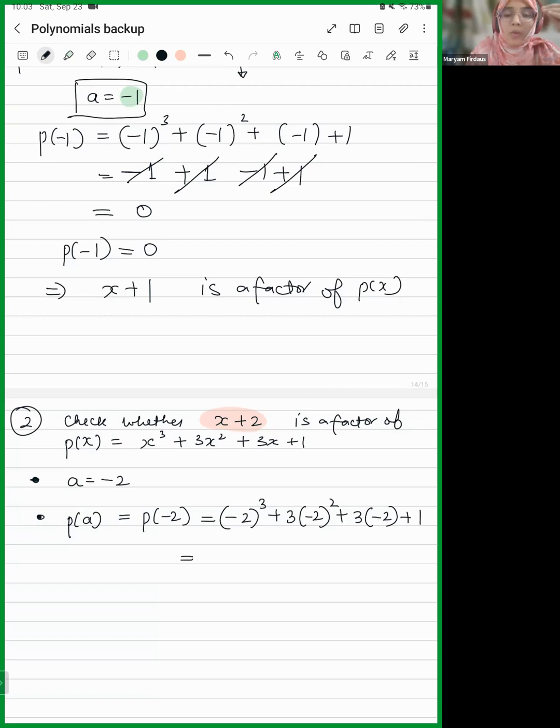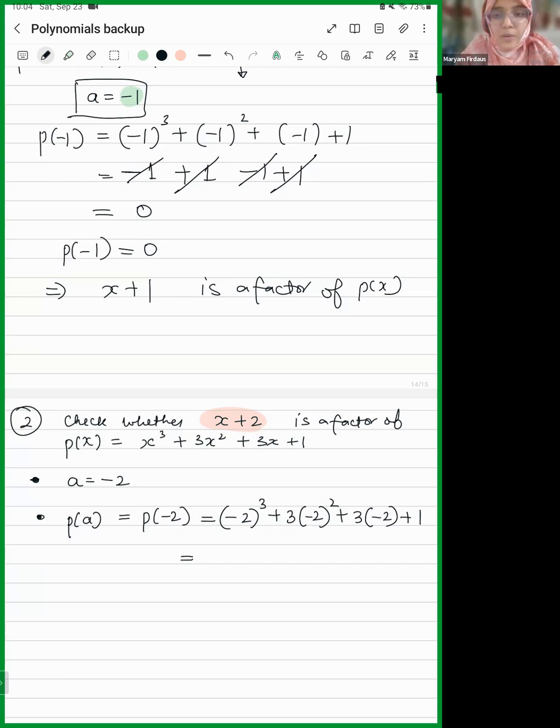Forget about minus, what is 2 cube? Preshita, they haven't asked you to find the remainder, but yes, it's correct that it's not going to be a factor.